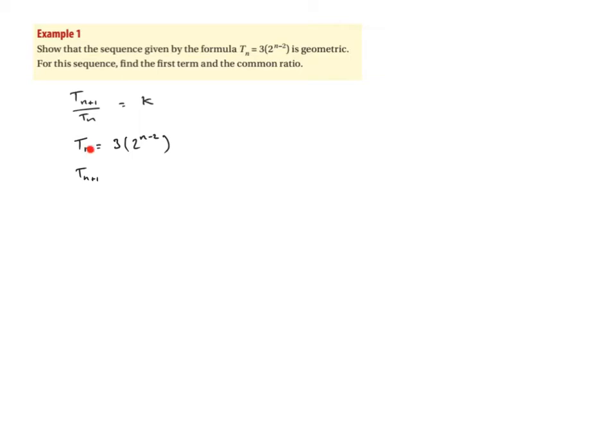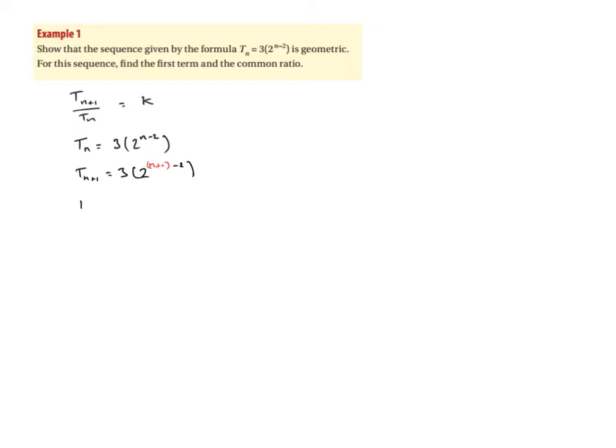So wherever I see an n in this original function here, I'm going to replace it with an n plus 1. So what I now have is Tn plus 1 is equal to 3 times 2 to the power of, wherever I see an n, I'm going to stick n plus 1, so this n now becomes n plus 1. I'll stick it in the bracket so you can see it. So it's n plus 1, and don't forget the minus 2 here.